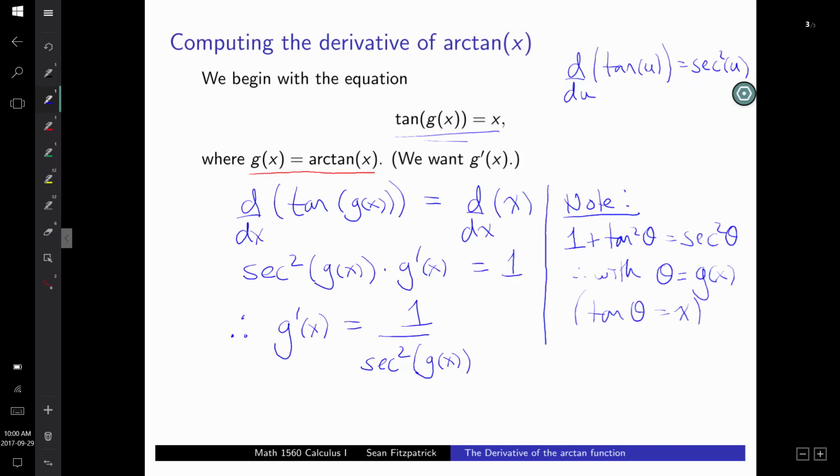So what do we get? We get that secant squared of g of x is 1 plus tan squared theta, but tan theta is x, so 1 plus x squared. So g prime of x is 1 over 1 plus x squared. That's the derivative of the arctan function.